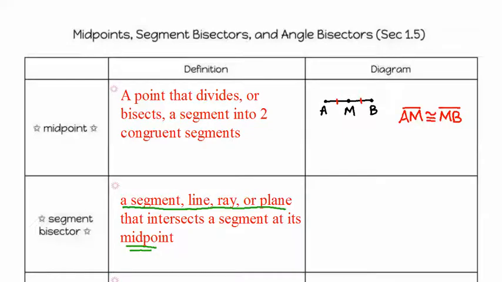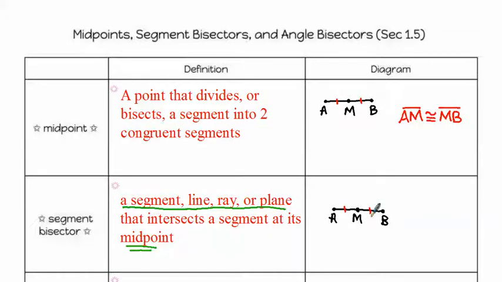So here again, we've got a segment, call it AB again. And its midpoint is going to be identified. We're going to call it M. That's fairly typical. It doesn't have to be M, but that's what we're going to call it. Because it's a midpoint, we know that we have 2 congruent parts, just like what we have up above.